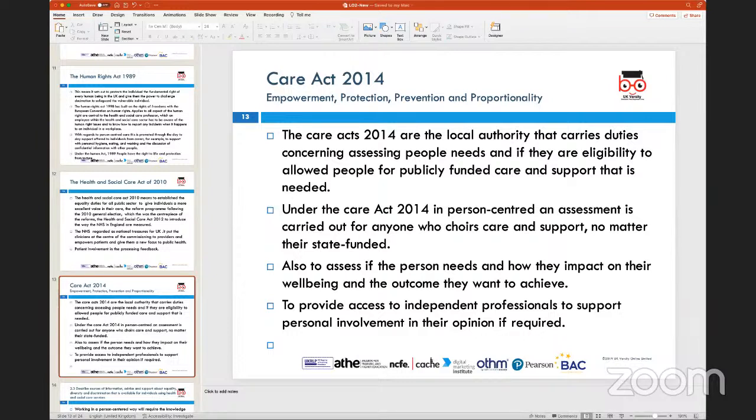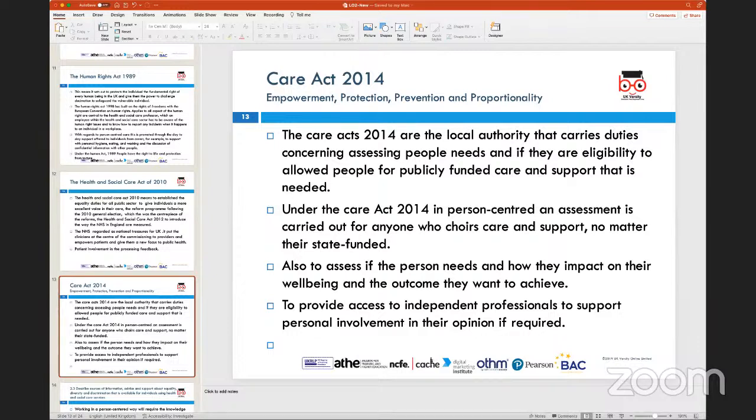This was a signature act, because it first and foremost separated healthcare services and social care services, but also ensured that people who are considered vulnerable are able to receive fair treatment from within the National Health Service and within the health and social care sector.